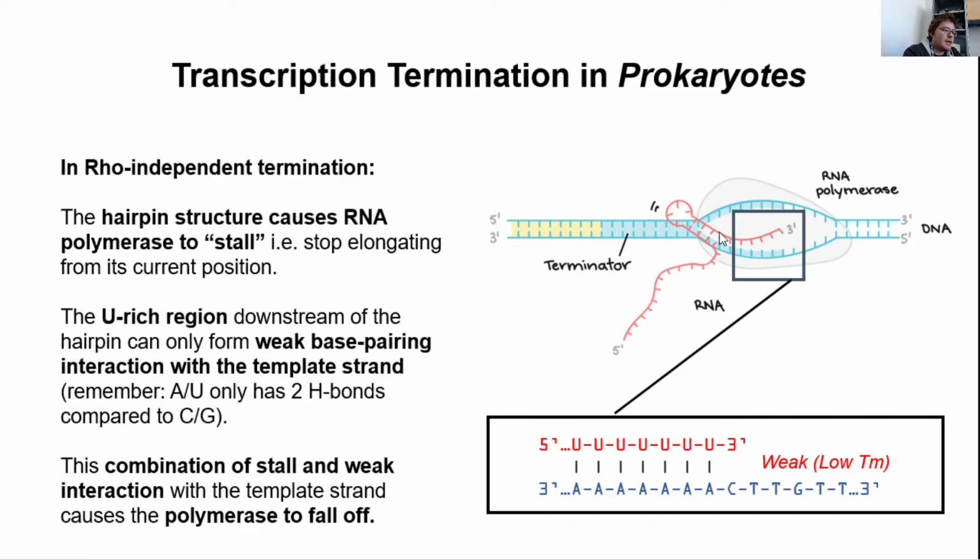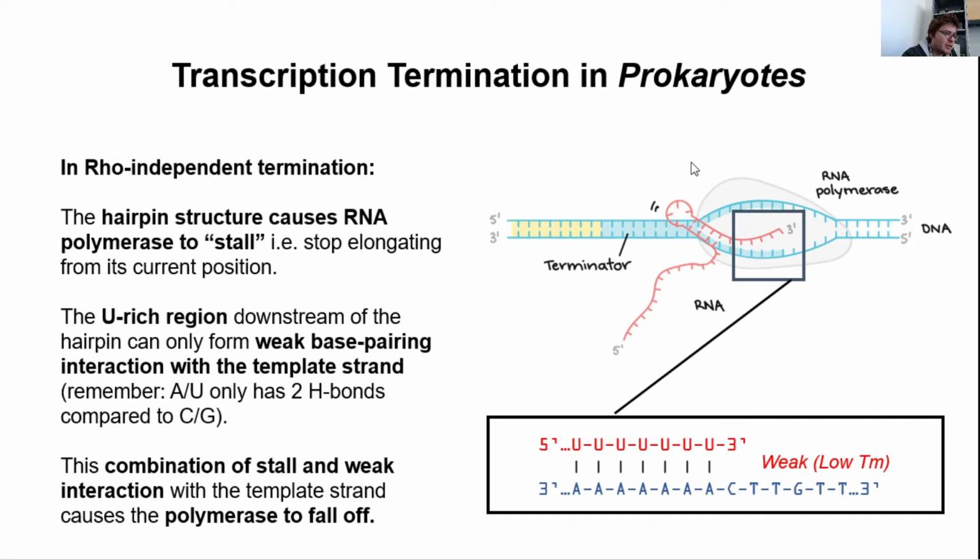And so the interaction here between the RNA and the template strand is about as weak an RNA DNA interaction as you could possibly get. So it's the bare minimum number of hydrogen bonds here. And so using some of the terminology we heard, we would think that this has a very low Tm here.